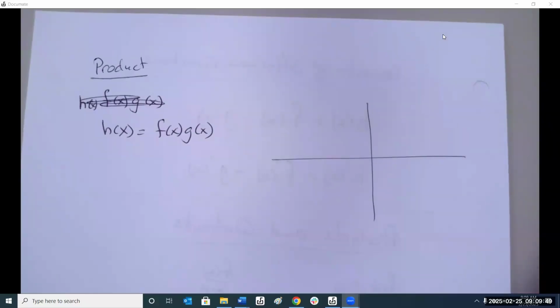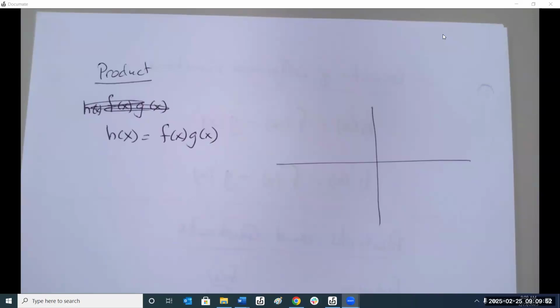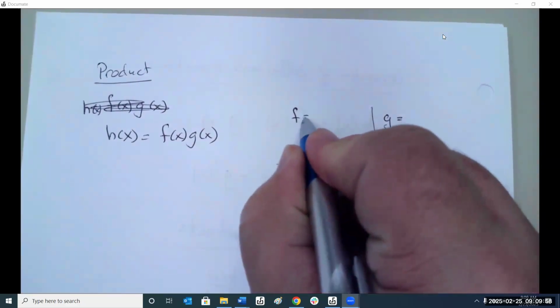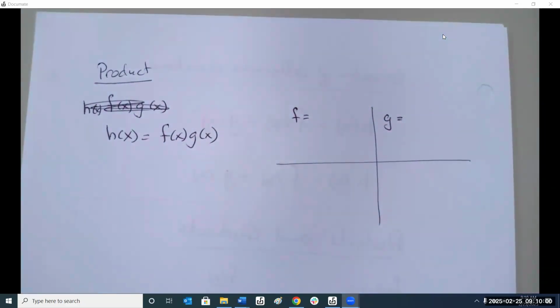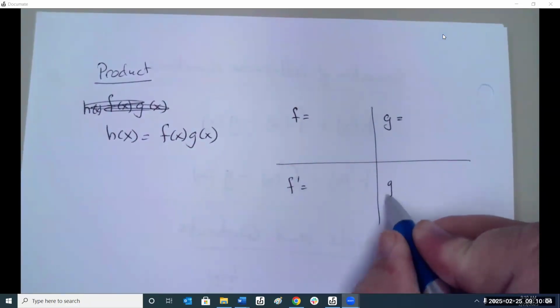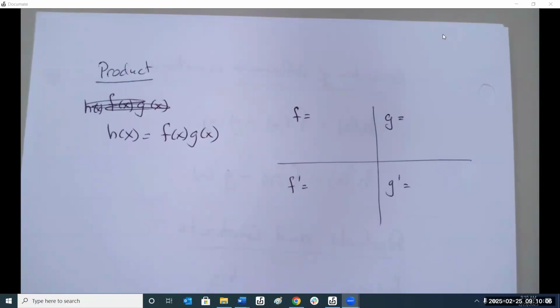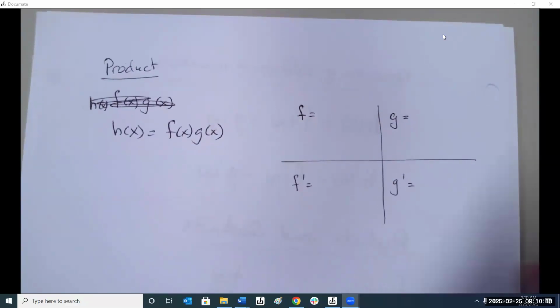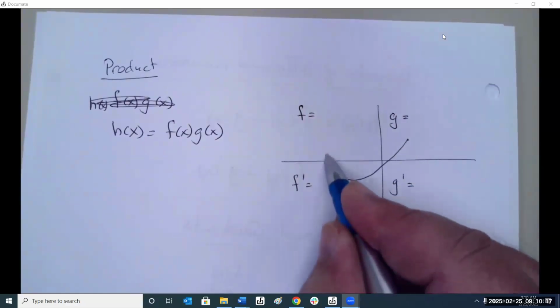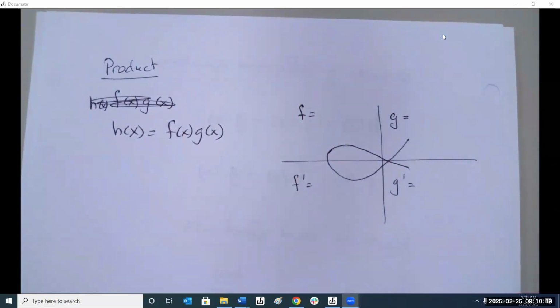It's called the fishy rule because I invented it. I didn't think of another name. You'll see why I call it a fishy rule. On the top, put f and g. On the bottom, take the derivatives of f and g. Start from the g value and make a fish.